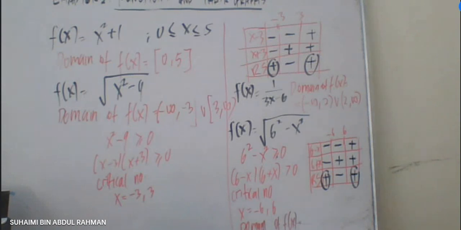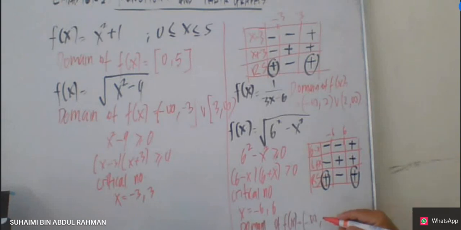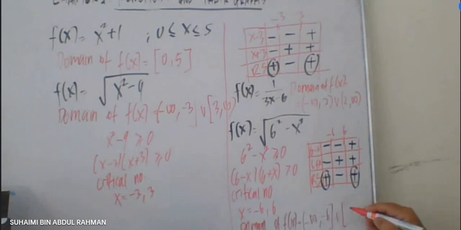Minus infinity, including minus 6, and union with 6, including, until infinity, including.